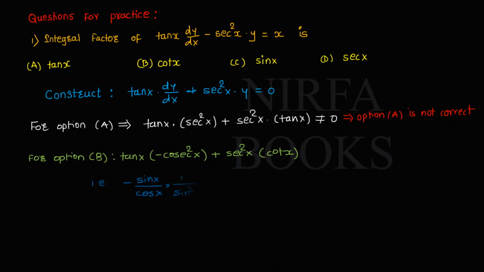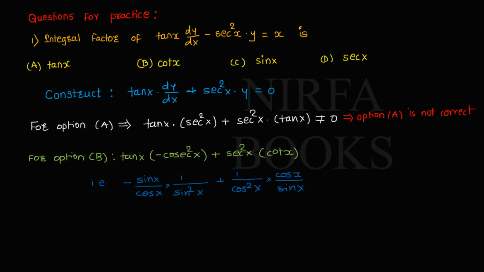So instead of tan x, I am putting sin x upon cos x, multiplied by cosec square x, meaning 1 upon sin square x with minus sign, plus sec square x, meaning 1 upon cos square x, multiplied by cos x upon sin x.